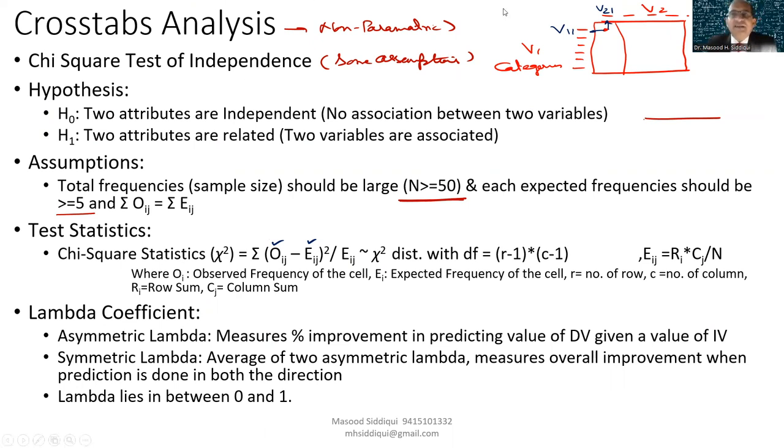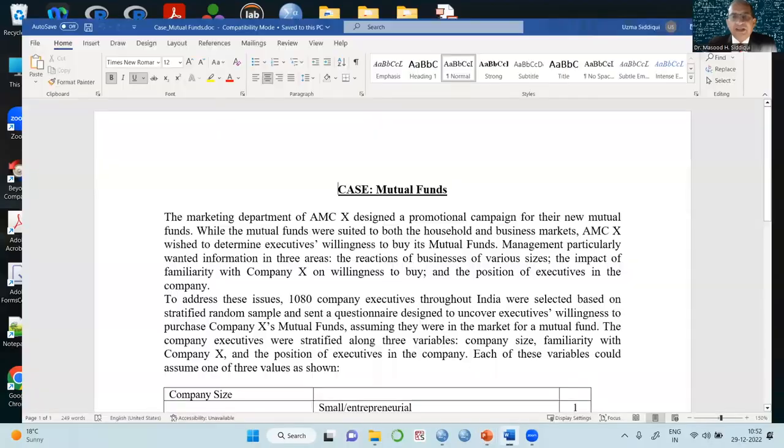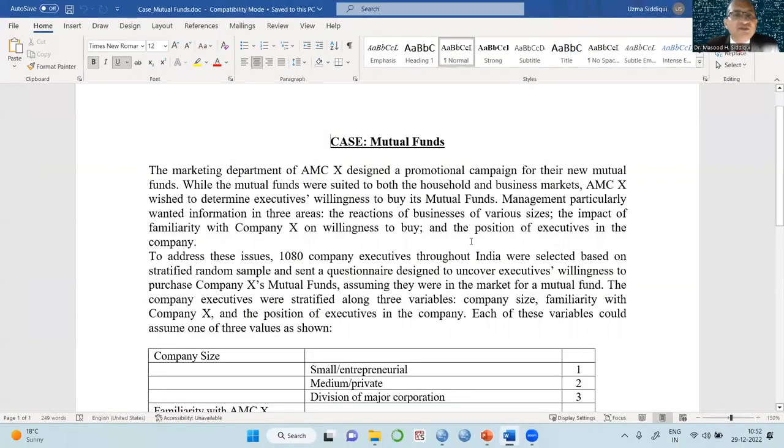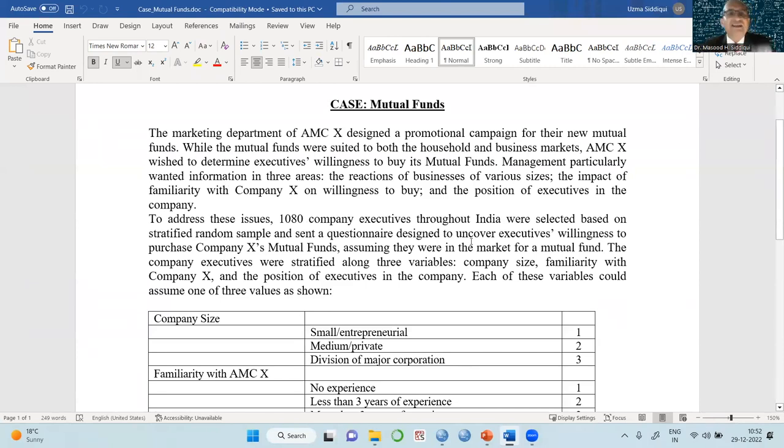For that, I'm introducing a new case, related to mutual funds. Let me read the case: the marketing department of AMC designed a promotional campaign for the new mutual funds. While the mutual funds are suited to both household and business markets, AMC wants to concentrate on executive willingness to buy its mutual fund.